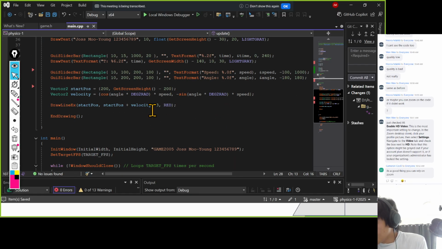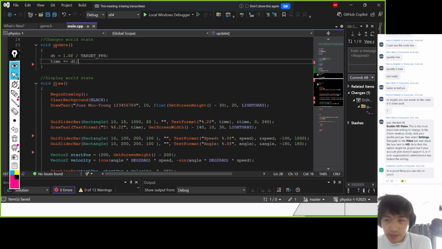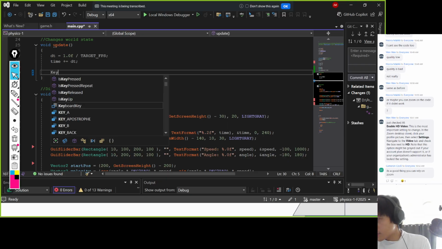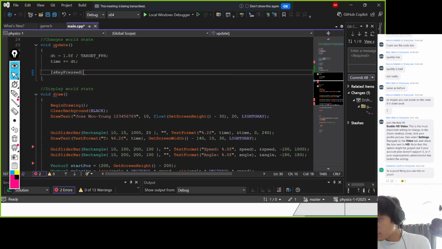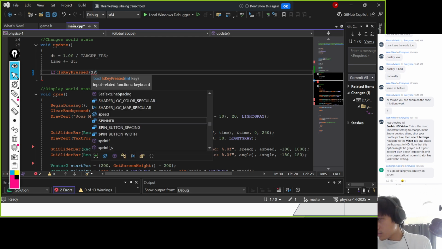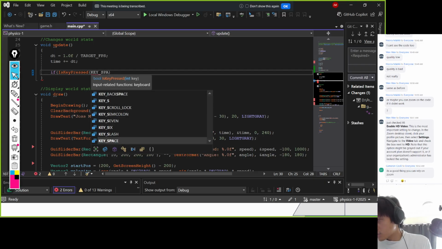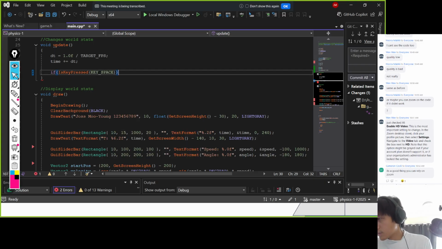Let's get some player input here. Now we do have some functions like key pressed, is key down, some of this stuff from Raylib. Let's say, if is key pressed, key space, then we're going to do something.